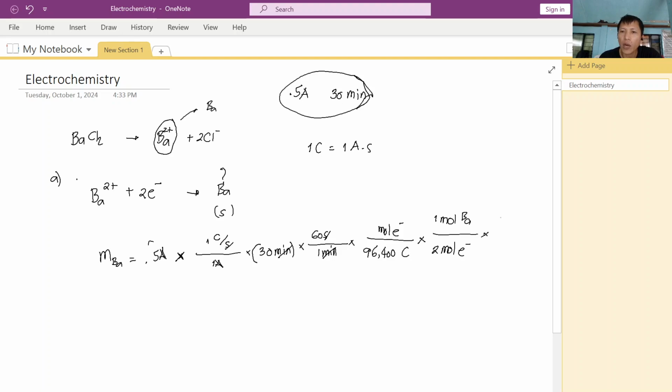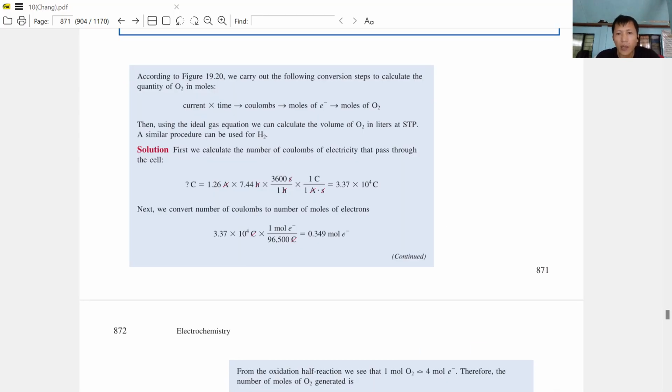Then maybe we can use our Avogadro's number, but do we have to? No. In this, we don't need the Avogadro's number because we will just compute for the mass. So we basically go to the formula weight.